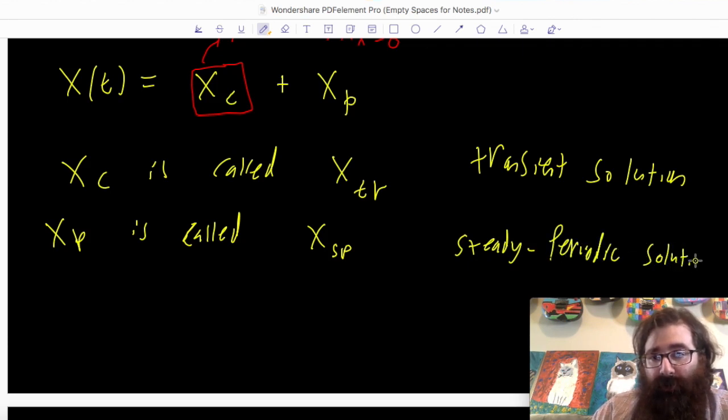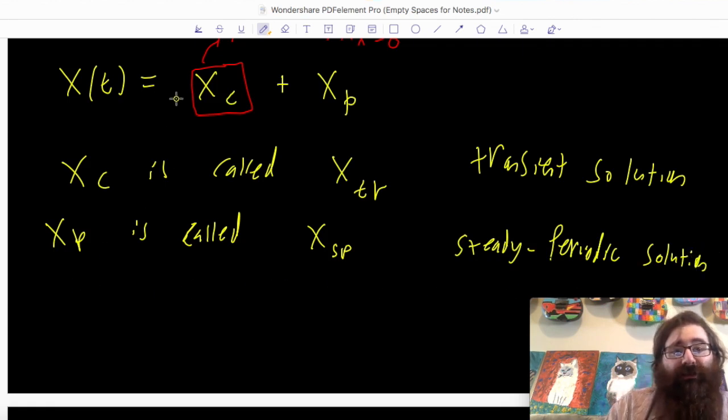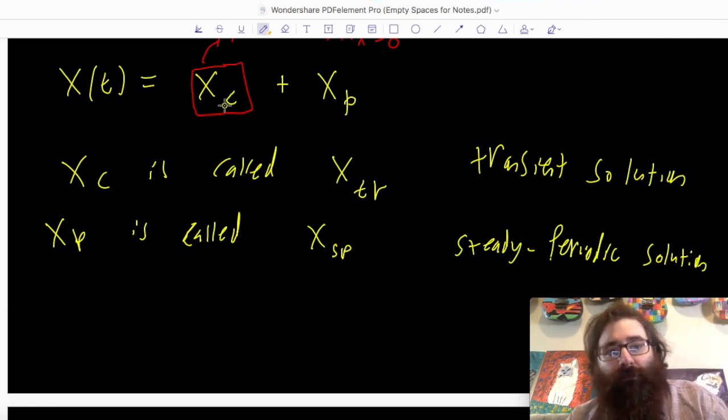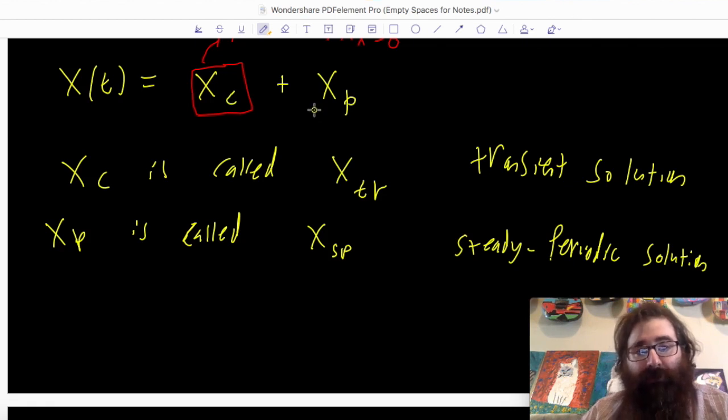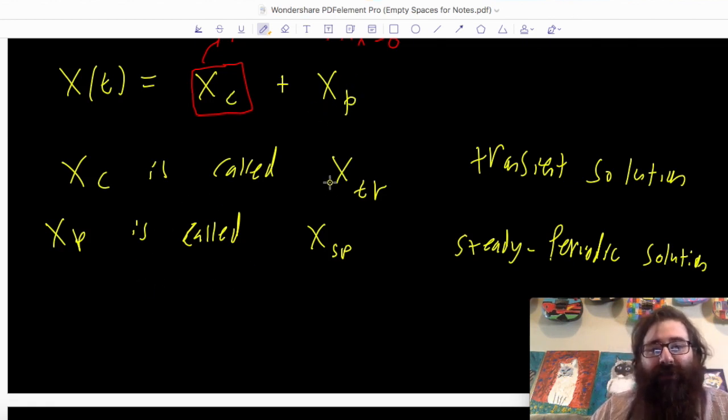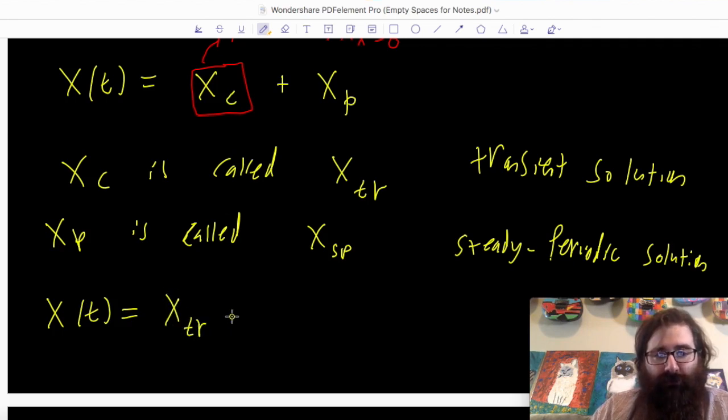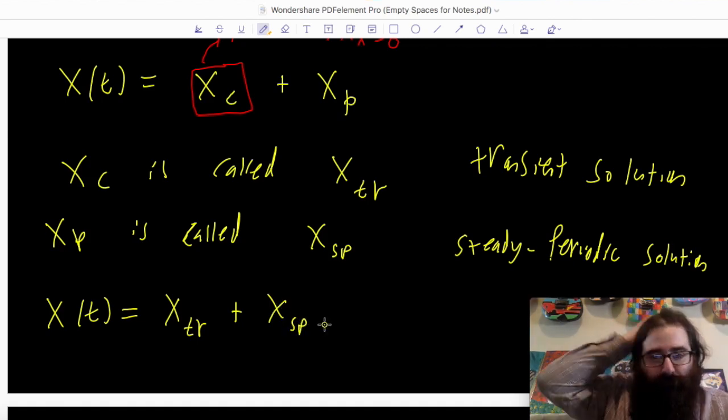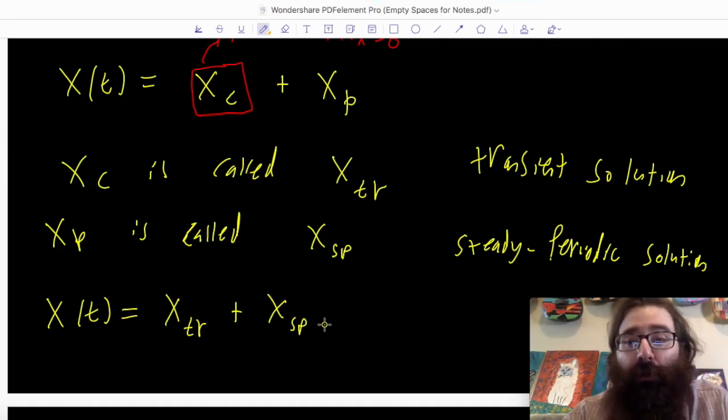So instead of using the familiar nomenclature, the complementary solution and the particular solution, we give these new nicknames. They still refer to the same principle, but we refer to the complementary solution as the transient solution, and the particular solution as the steady periodic function. Okay, so why does this matter? Why do we call them these?